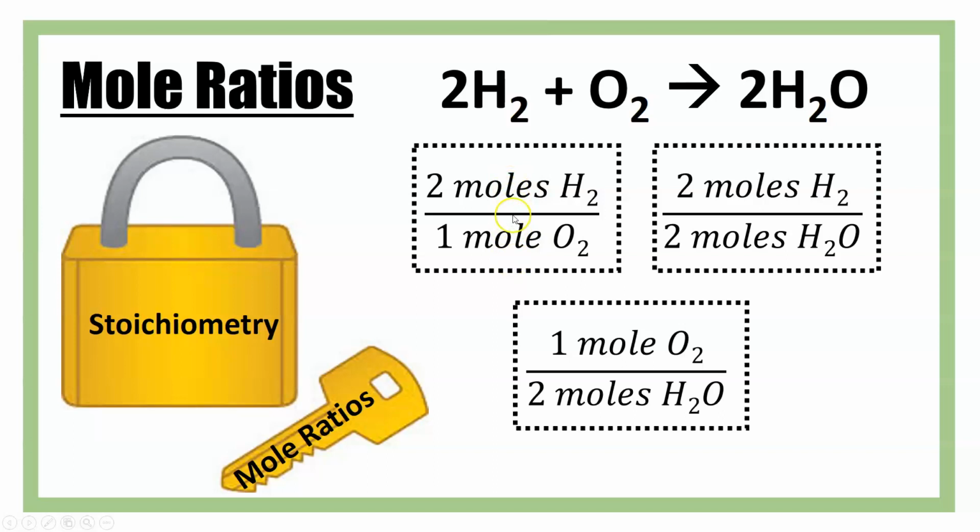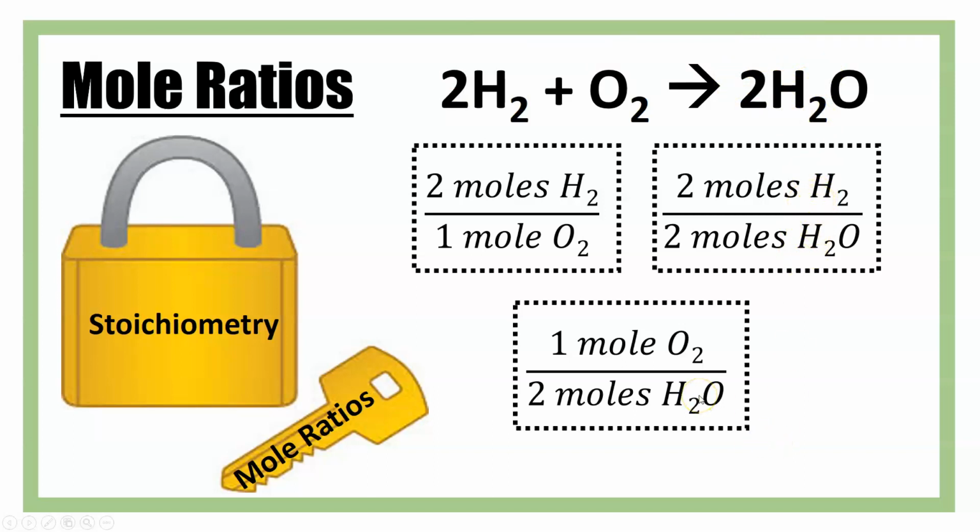You should notice that these fractions kind of look like conversion factors, don't they? And conversion factors let us do dimensional analysis, which is what we always like to do here in this class. So these mole ratios will be set up in fraction form. Here you can see 2 moles of hydrogen can make 2 moles of water, represented here by this mole ratio.